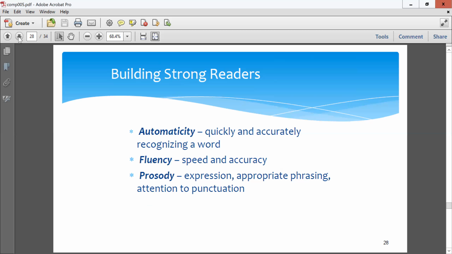When someone reads and doesn't stop to pause for commas or to really stop for a period in a sentence, or make an exclamation like "wow" for an exclamation point, then you don't necessarily get the full meaning. A person that reads with prosody would be someone who reads audiobooks, and they have a very good way of reading things that helps you to understand and visualize. So prosody is only developed once you're a fluent reader.